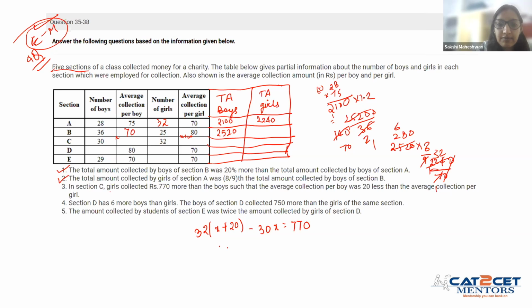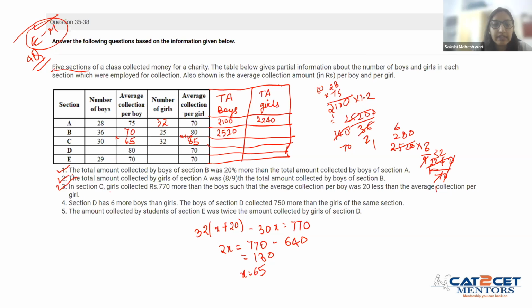So this will be 2X equals 770 minus 640. Now X will be 65. So this has to be 65 and this will be 85. Okay. We've used this information also.